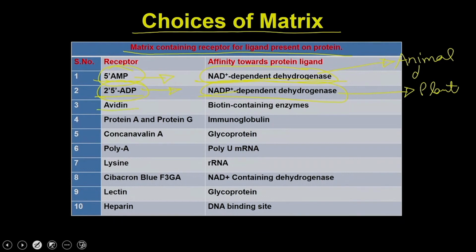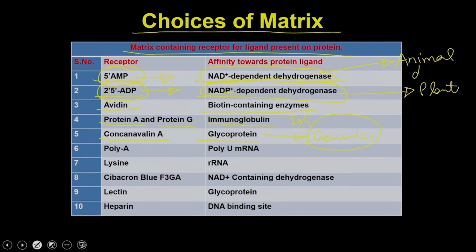Then we have the avidin, which has the affinity for the biotin containing enzymes. Then you have protein A or protein G, which has a very high affinity for the immunoglobulin or IgG. Then you have concanavalin A. Concanavalin A has the affinity for glycoproteins, and this is also a generic affinity chromatography.